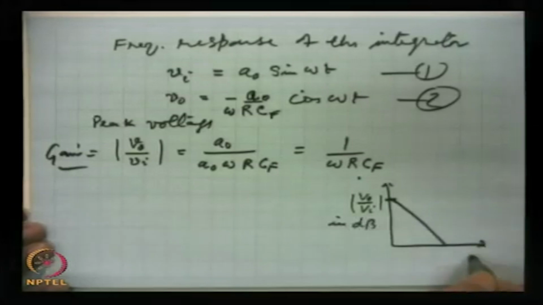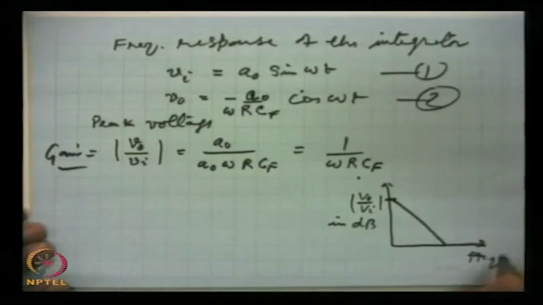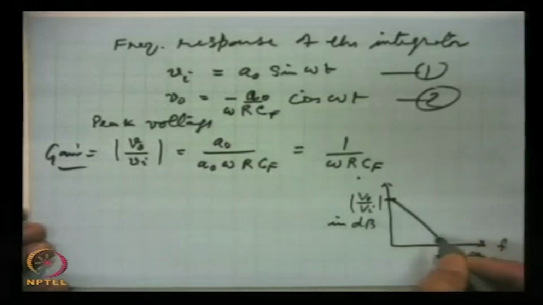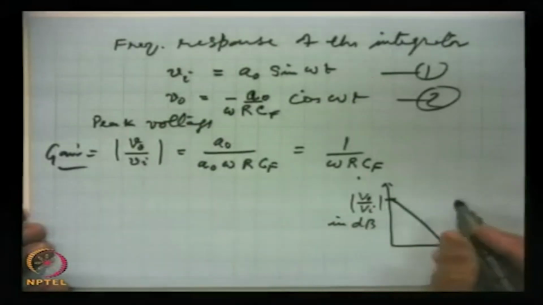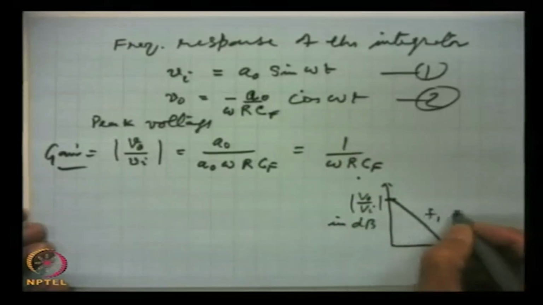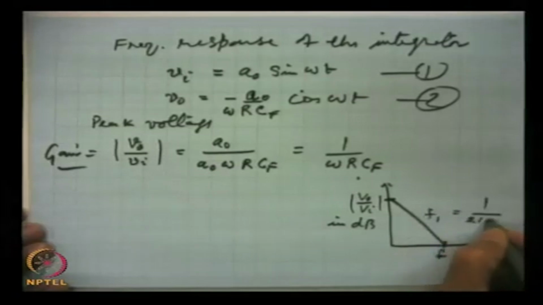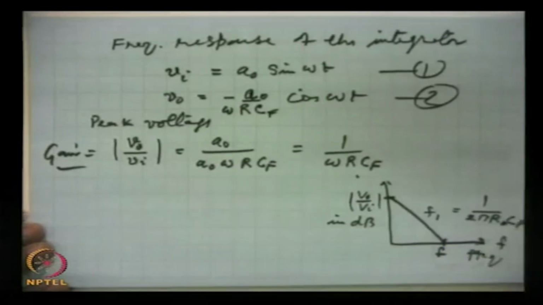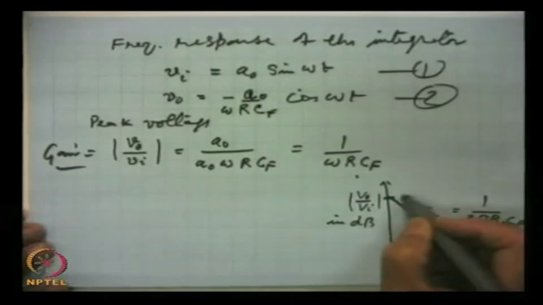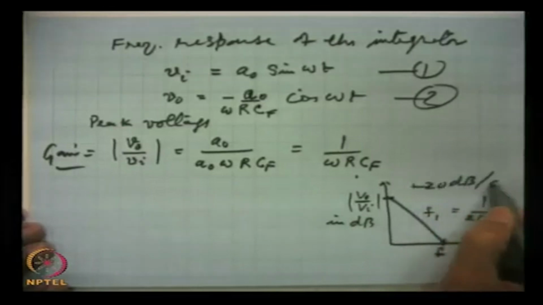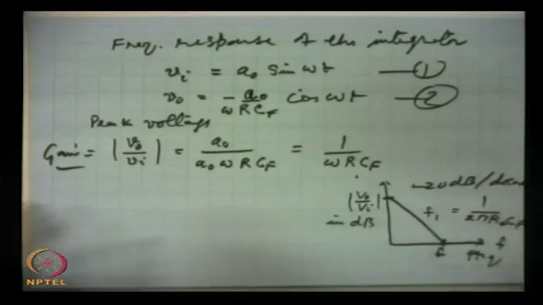This is frequency F, and this is F1, and we will see what it is. This will come out from here. F1 comes out to be 1 by 2 pi R CF, and this has a slope of minus 20 dB fall per decade of change of frequency.